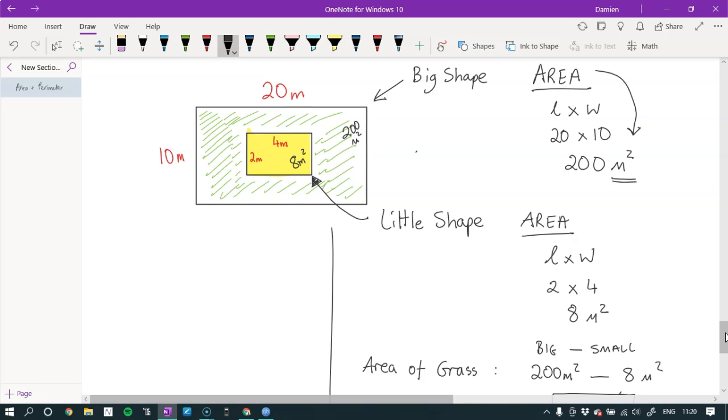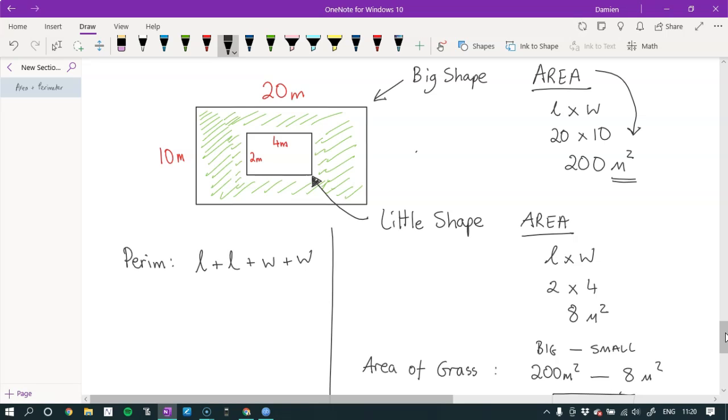So let's say you're asked to find perimeter. So I'm just going to get rid of some of the numbers in here. I'll get rid of that, and I'll get rid of the 200 meters squared. So what's our perimeter going to be? So what's the formula for perimeter? Well, the perimeter is always all the outside lines added together. It's the length plus the length, that's the top and the bottom, plus the width plus the width.